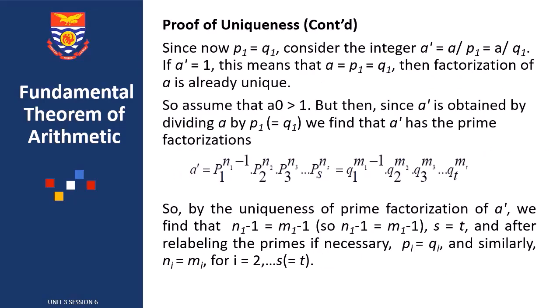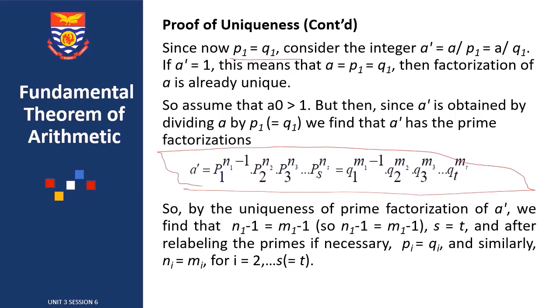So going through, you can see that we've already made mention that P1 equals Q1. We consider this integer, and by the assumption that A naught is greater than 1, we get A prime equals this.